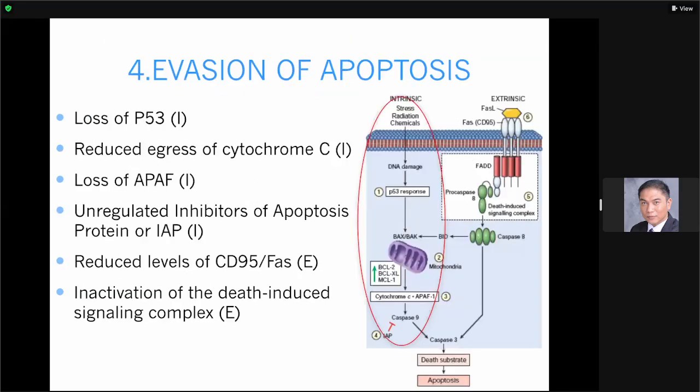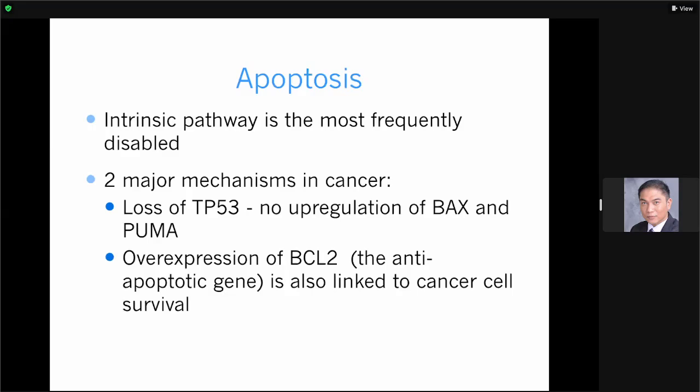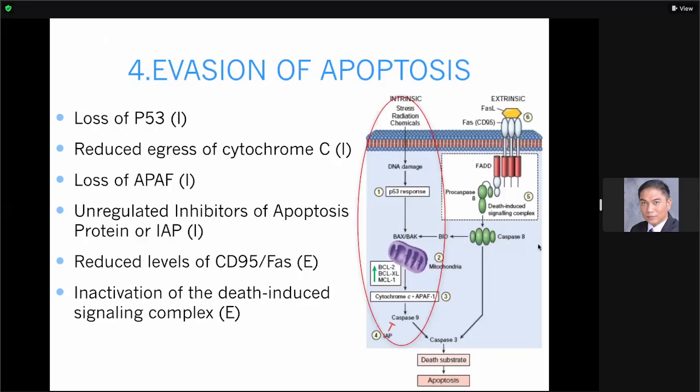So fourth is evasion of apoptosis. The intrinsic pathway is the most frequently disabled. Mas marami ring processes na involved in the intrinsic pathway na pwedeng gamitin to evade apoptosis so that the cell with its mutation will stay alive.